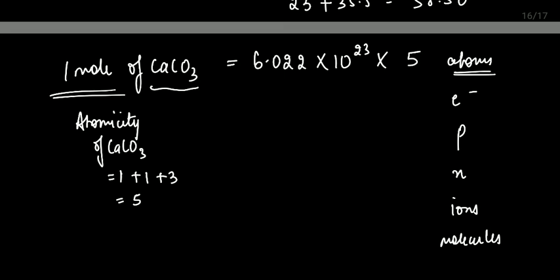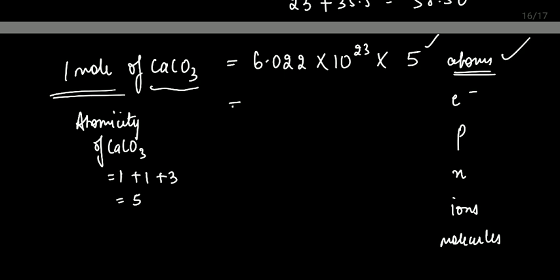So multiply by 5. Why is this atomicity number essential? Because 1 mole of calcium carbonate cannot be only equal to the Avogadro constant. If they are asking for atoms, you have to multiply by the actual number of atoms in one unit. Calcium carbonate is an ionic compound. If you don't multiply by its actual atomicity when calculating the number of atoms, your answer will be wrong.